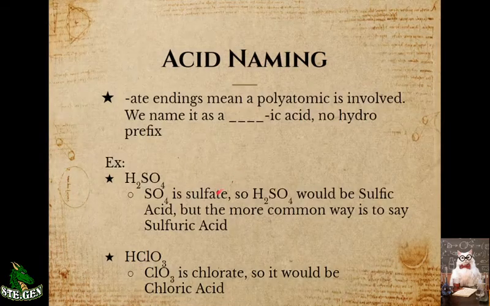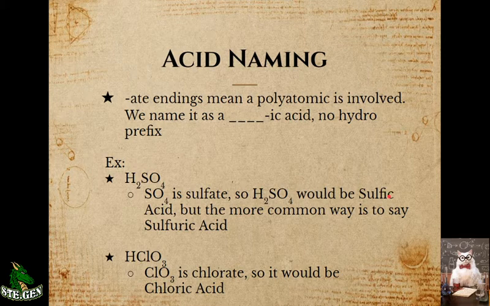Okay, next type of ending is one that has ates. Ates means there are polyatomics involved. And we name it as a blankic acid, no hydro, because again, hydro means ain't got no O's. So a blankic acid means that it is an ate ending, and it means you're dealing with a polyatomic. So H2SO4. SO4 is sulfate. We change the ate ending to an ic, and it would be sulfic acid.